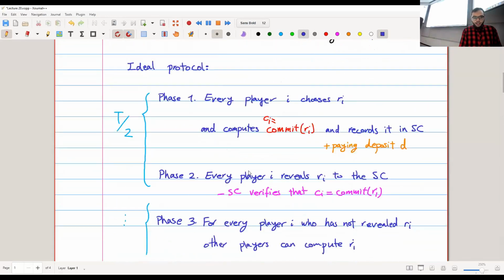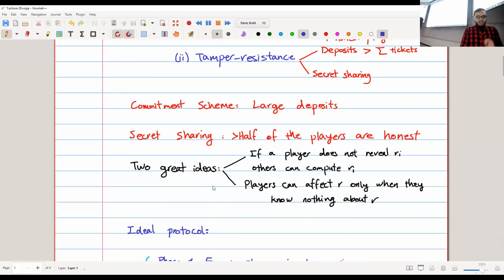Now, as you see here, we actually used both of our great ideas from secret sharing. The first idea was that if a player does not reveal RI, others can compute it. In this case, we just said, to hell with it. We don't want to have revealing or anything. We're just going to let everyone be able to compute the VDF. And that's what's happening in the last phase.